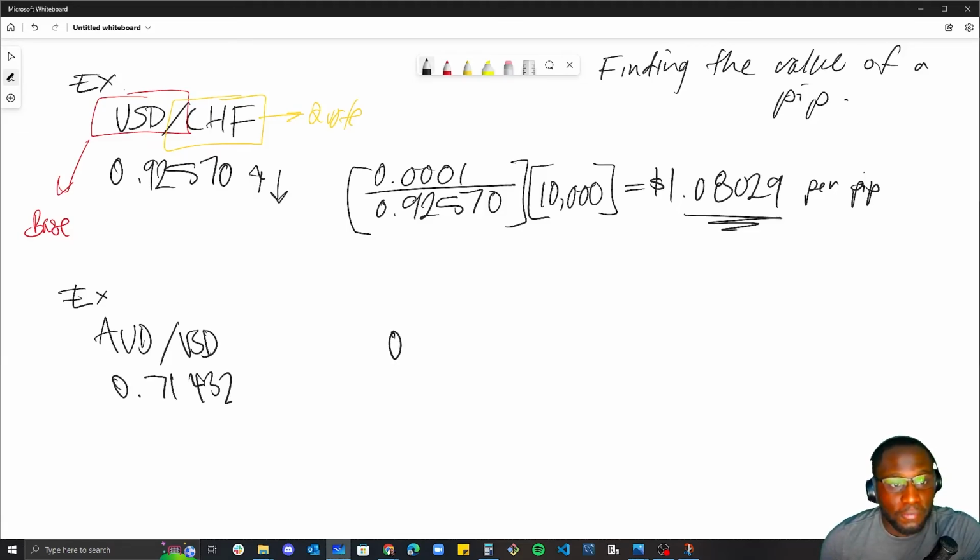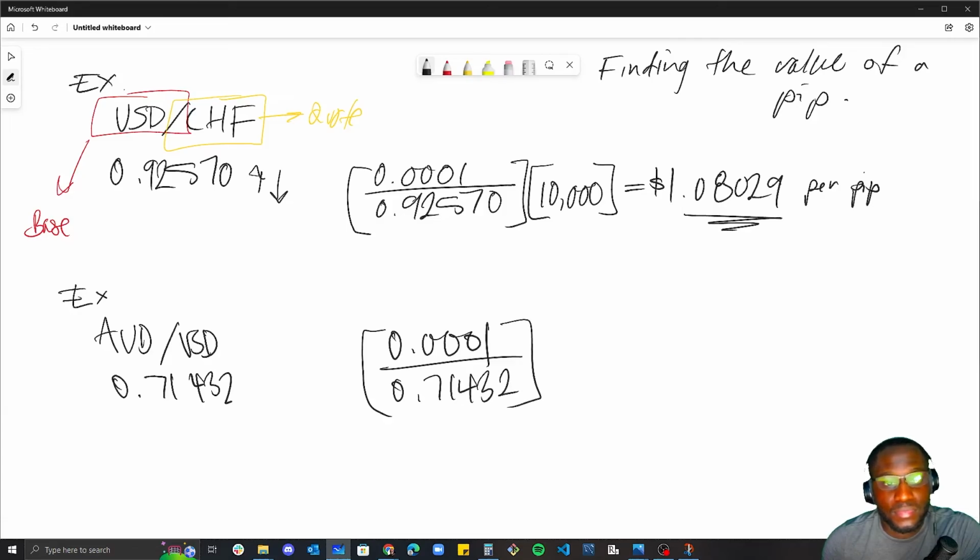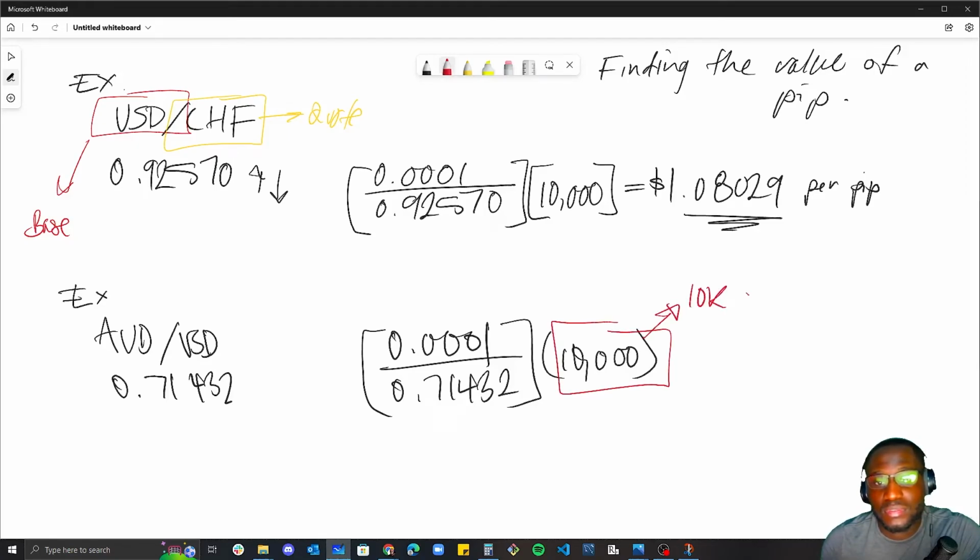So same thing, just divide that and times that by 10,000, which is 10,000 units of base currency.